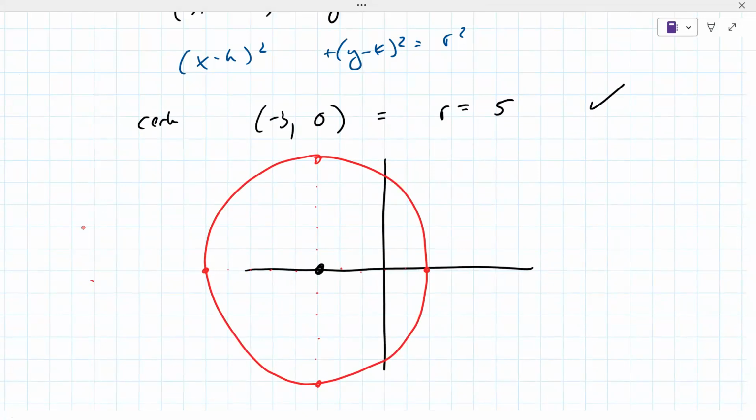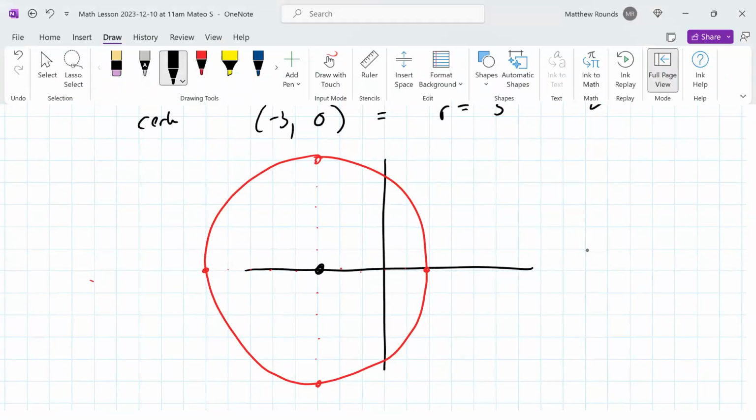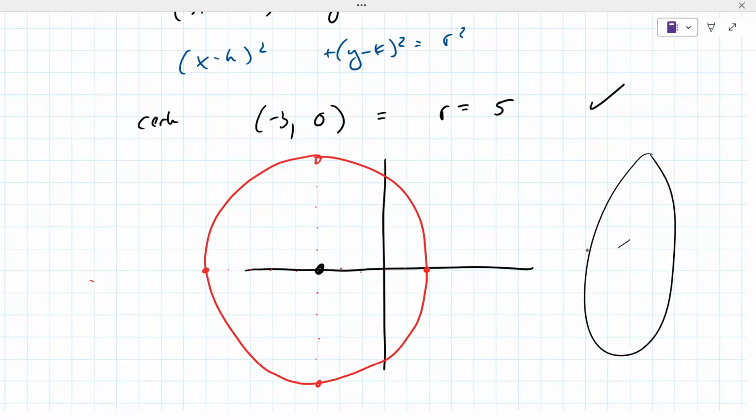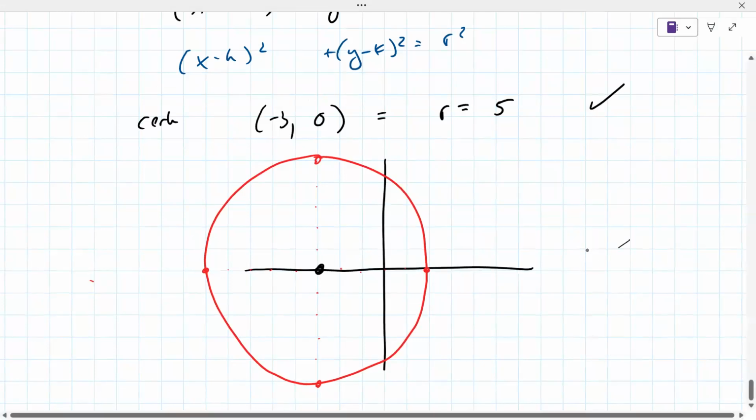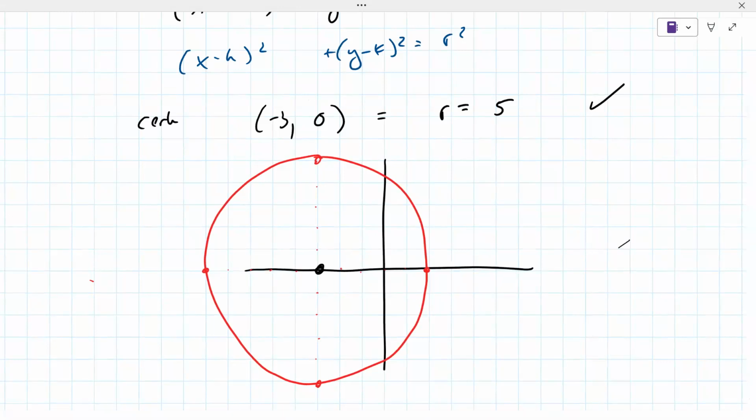Make it look rounded, an actual circle. Got it. All right, we're going to just stop there for today. All right, sounds good. Very good.